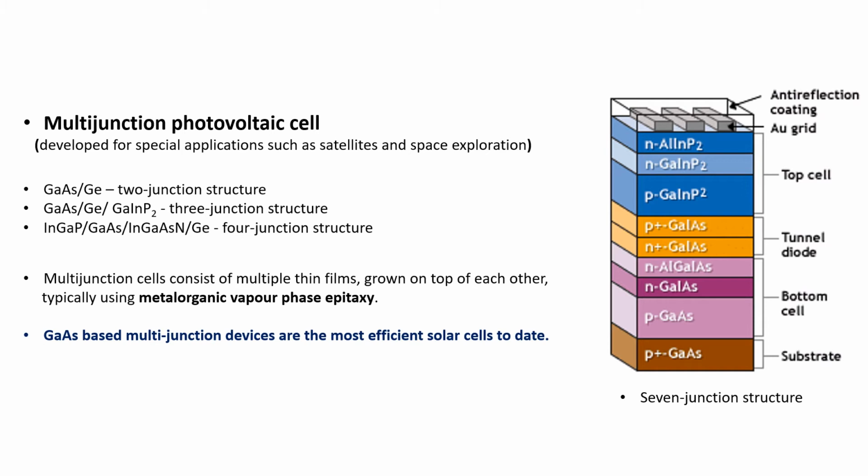Multiple junction solar cells are typically fabricated using metallo-organic vapor phase epitaxy and plasma-enhanced chemical vapor deposition. Gallium arsenide-based multi-junction solar cells have been demonstrated to produce the highest efficiencies to date.